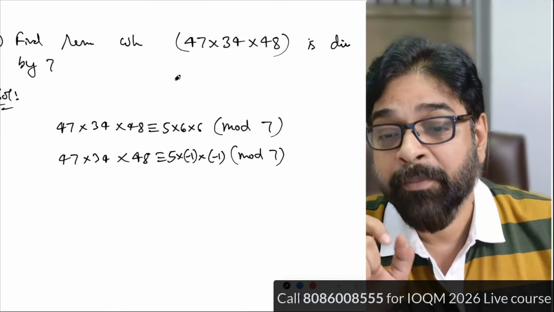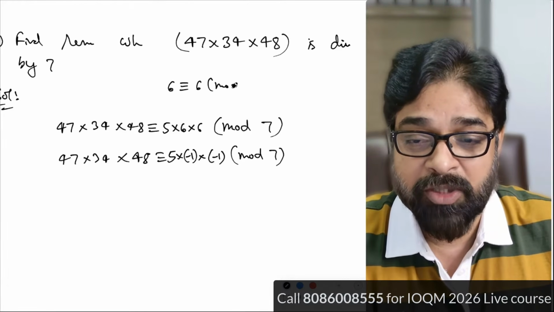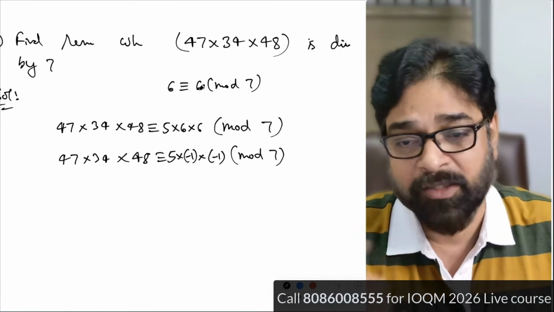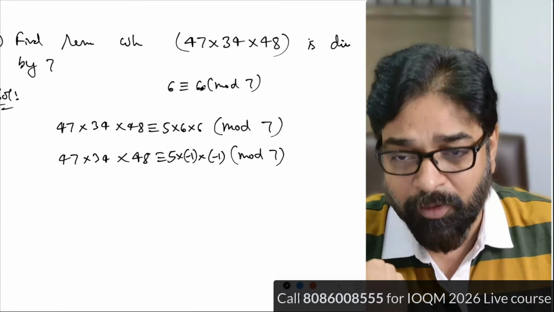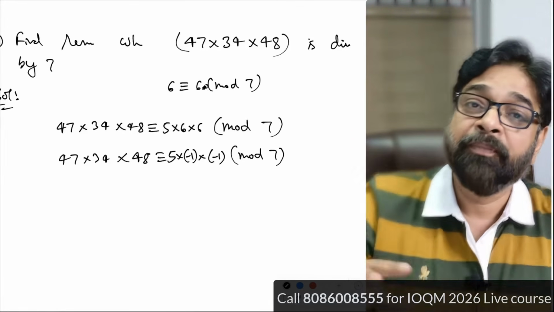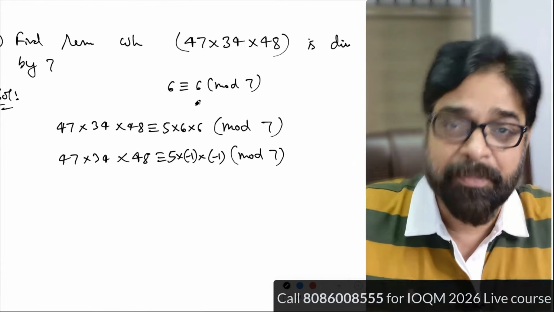Why so? Because 6 is congruent to 6 modulo 7. If you divide 6 by 7, the remainder will be 6 only. That's what I wrote. Now you want to manipulate. I told you, any number you can reduce by adding or subtracting multiples of 7.